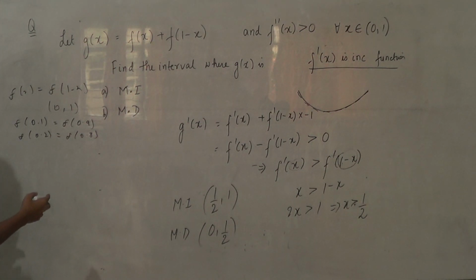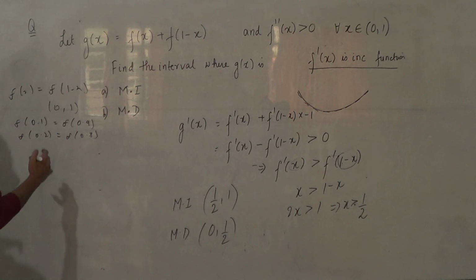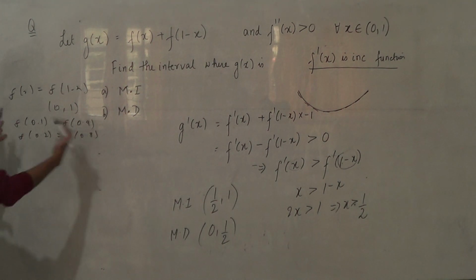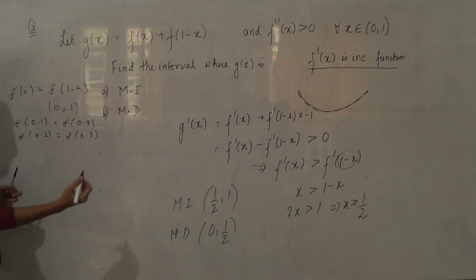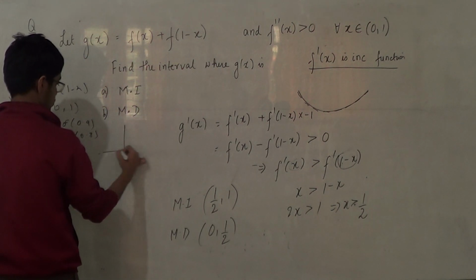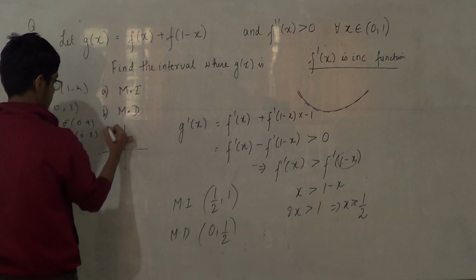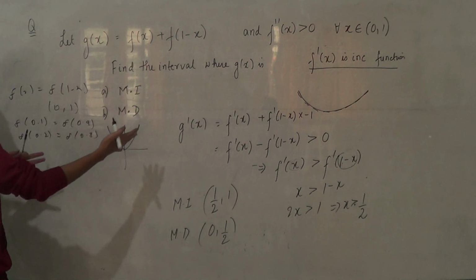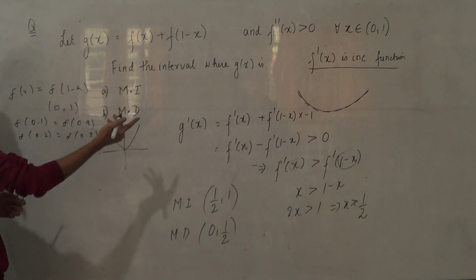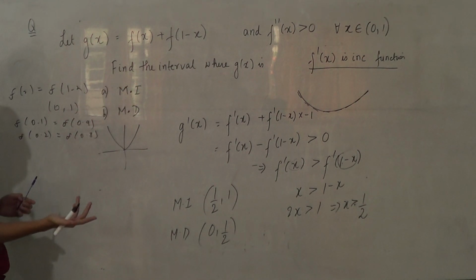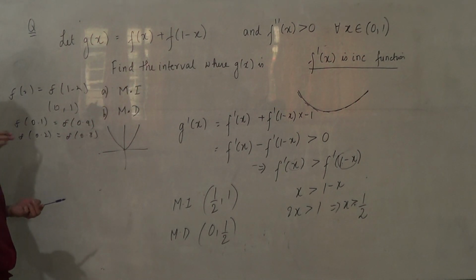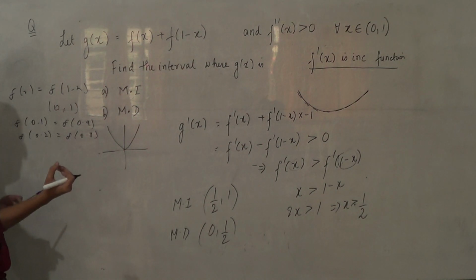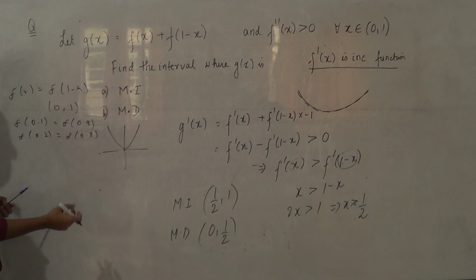So there has to be a certain point about which it is kind of mirroring. So let's just say this is that point. This kind of gets mirrored, and that point has to be 0.5 because it is the center of the domain.